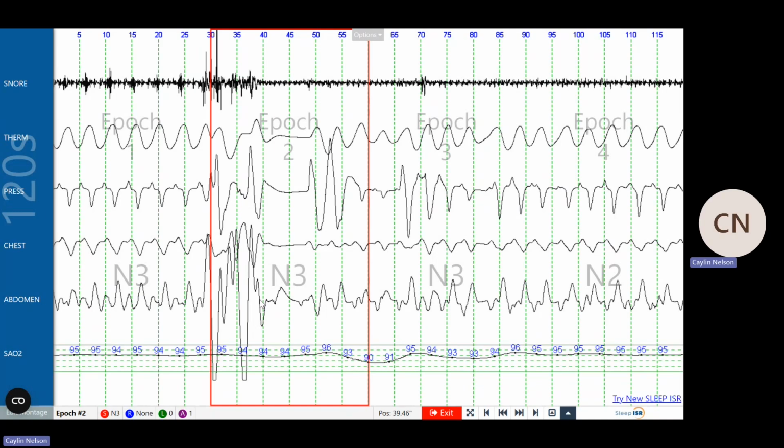Right after, the patient does 2 little strong breaths, and then you can see the oxygen levels going back up immediately after. If we're looking between 55 and 70, you see it gets down to 90, but there's a 5% increase.